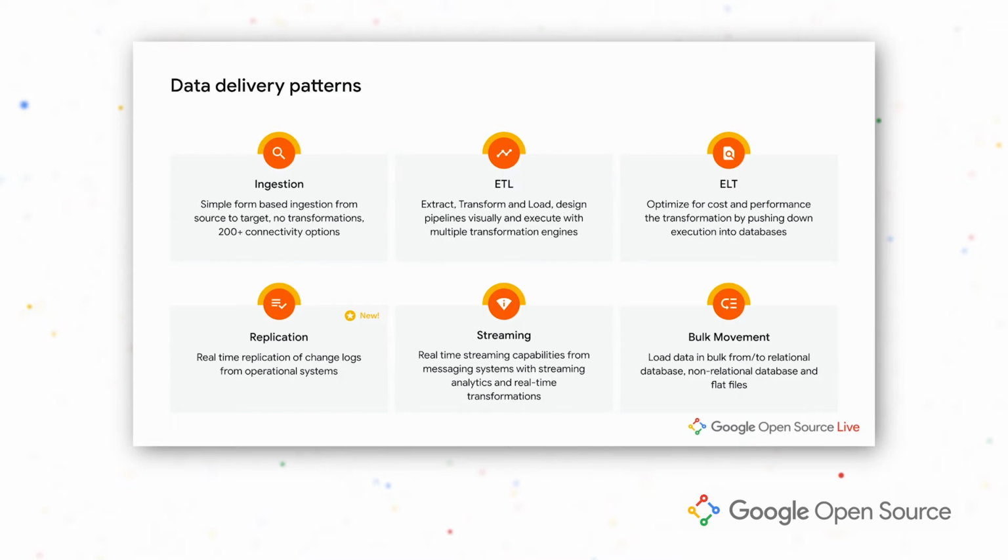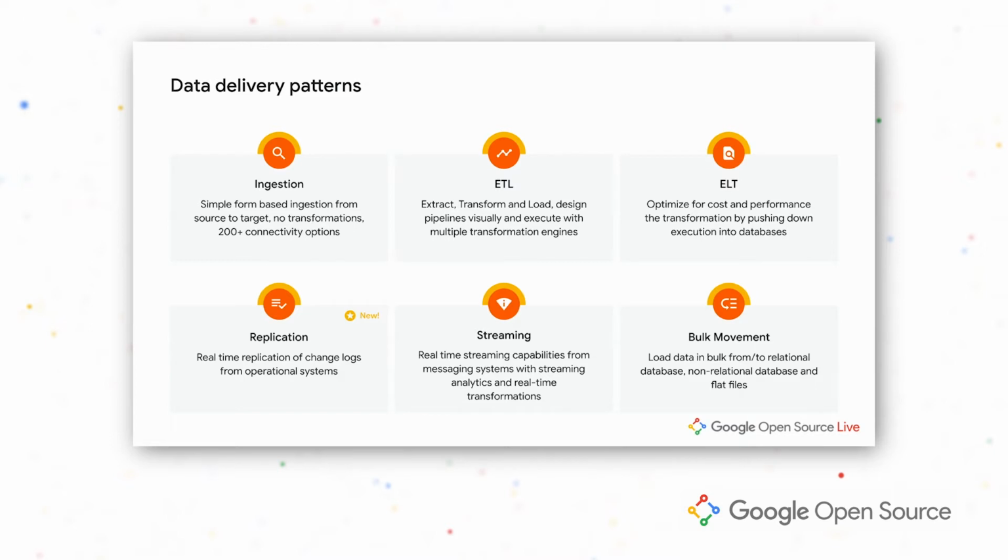Then the second and third delivery patterns are kind of similar, ETL and ELT. I know we use them in various different contexts, but this pattern is actually to support building of enterprise data warehouses, data marts, data lakes, and what you are trying to do is extract the data and transform the data.